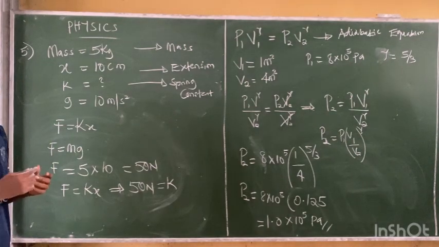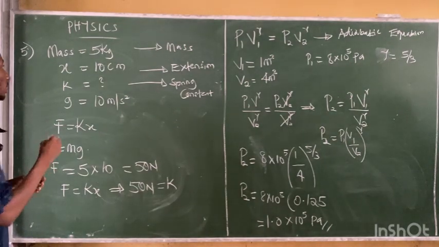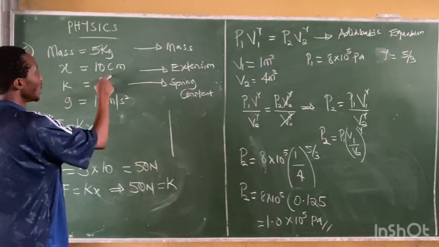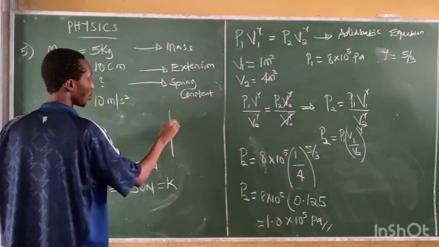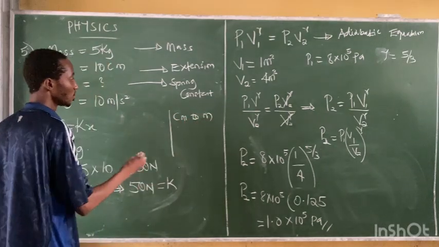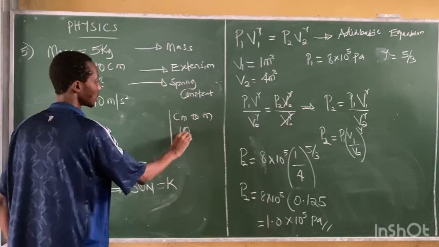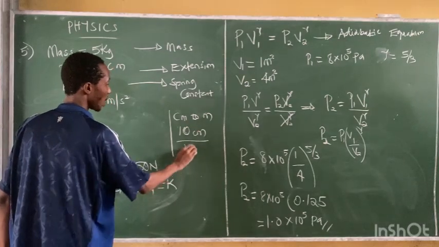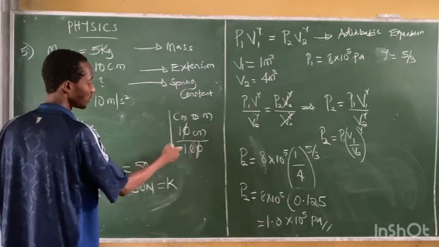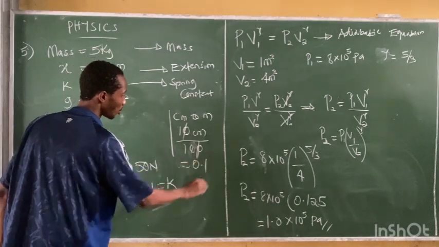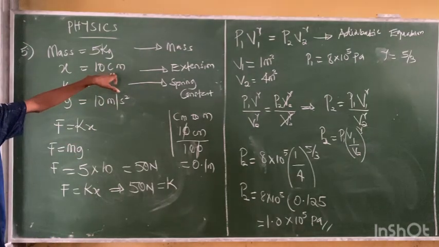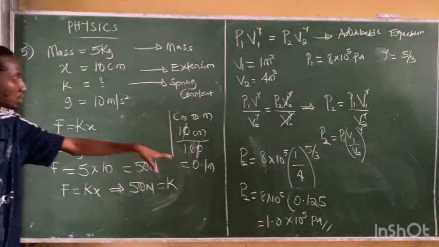If you convert from centimeters to meters, you divide by 100. So we have 10 cm divided by 100. This is 1 divided by 10, which will give us 0.1 meters. Therefore, we have converted this extension from 10 cm to 0.1 meters.